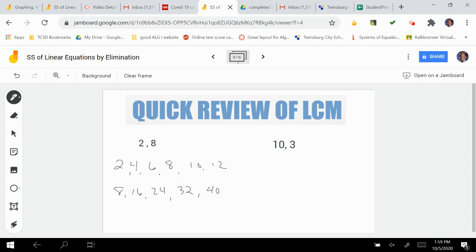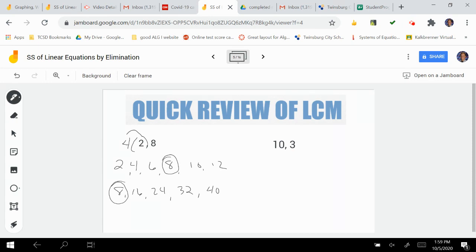If you look, what is the least number that they have in common? The least common multiple, and that is 8. Notice we have to multiply 2 by 4 to get there, and 8 is just 8 multiplied by 1. So we don't have to manipulate the 8, but we manipulate 2 by multiplying it by 4. Our least common multiple between 2 and 8 is 8.